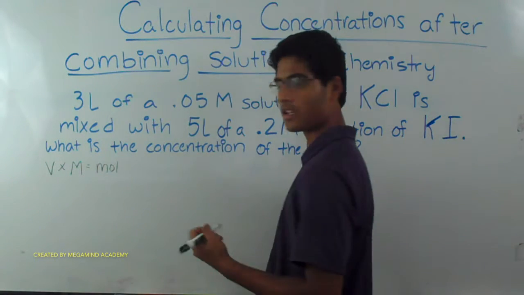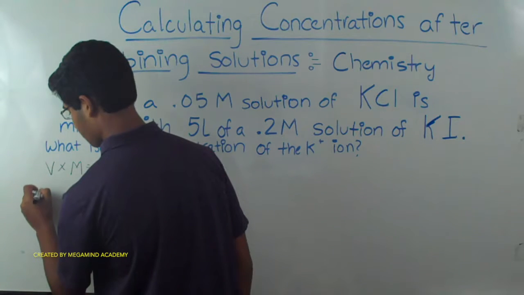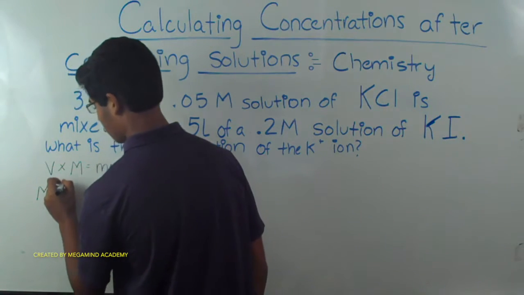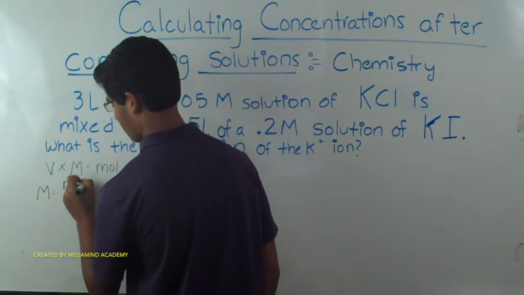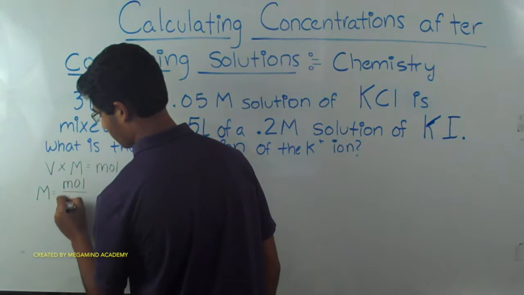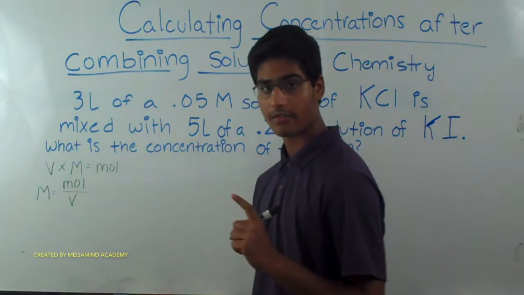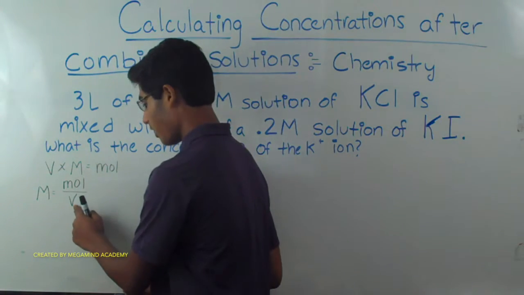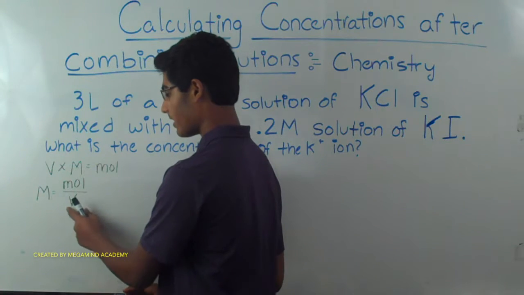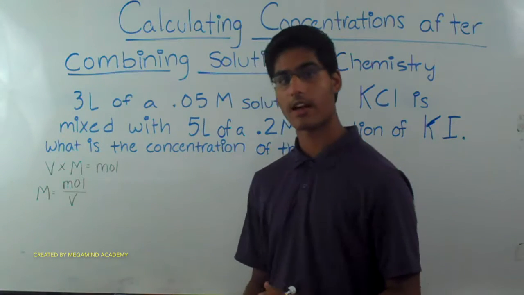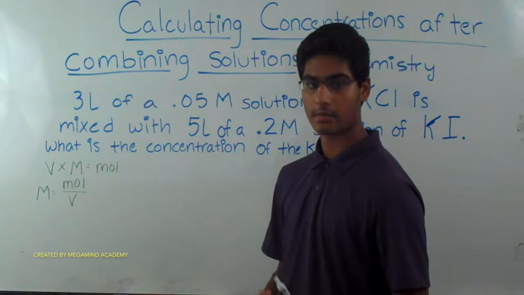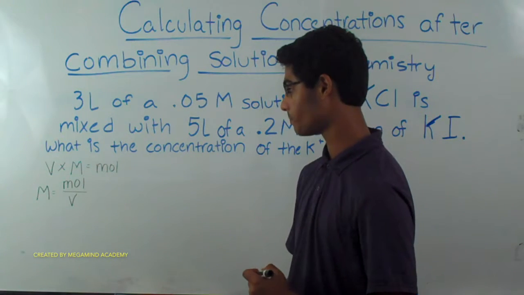We get that because we know that molarity, big M, is equal to moles over volume. And we have to make sure that the volume of the molarity and the volume here have the same unit.